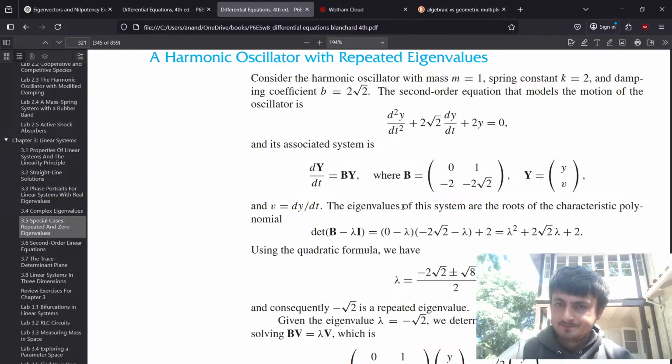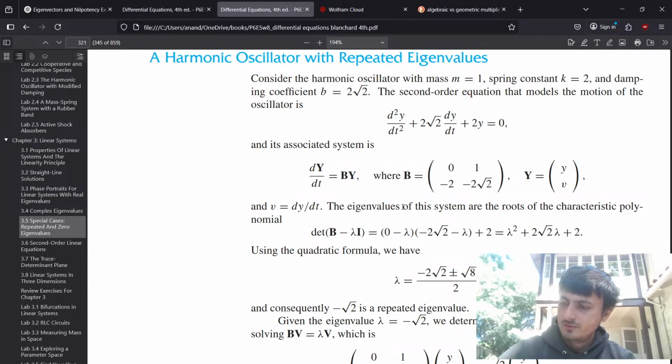So we have, consider the harmonic oscillator. So we have y double prime plus 2 root 2 y prime plus 2y is equal to 0. As a matrix, we get y prime is equal to 0, 1, minus 2, minus 2 root 2 times y.